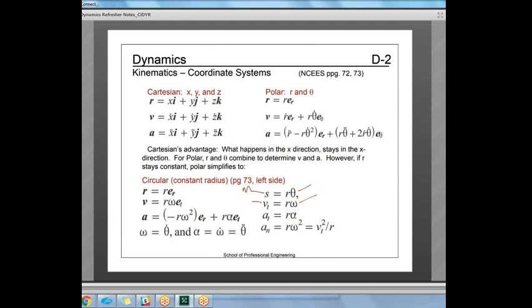So S tracks distance traveled around the circle, so does theta. V tracks your speed in sort of a linear way. Omega tracks your speed in a rotational sense. So we've got meters and radians. We've got meters per second and radians per second. And we've got meters per second squared and radians per second squared.